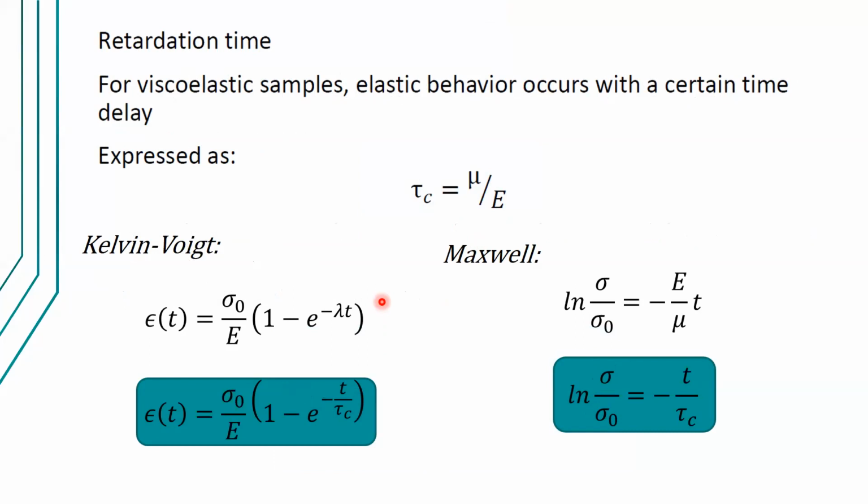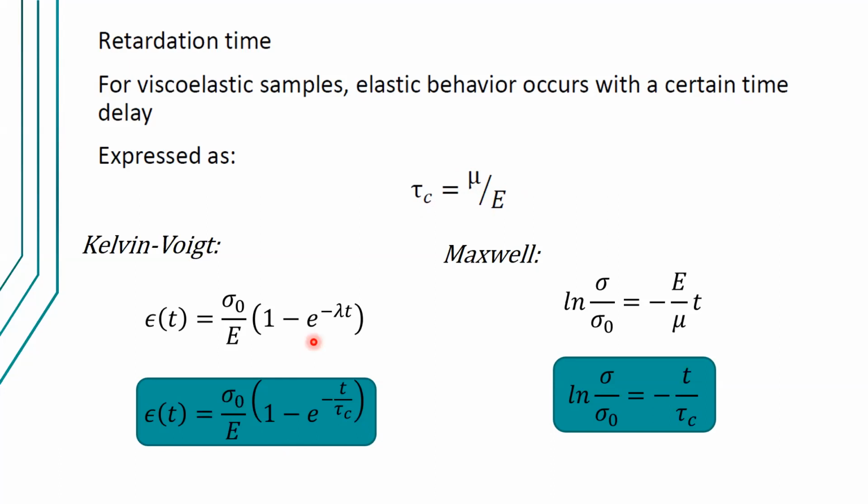The final equation that we obtained for the Kelvin-Voigt is this one, in terms of the retardation time, tau sub c. Remember that the reciprocal of the retardation time is your rate of relaxation, and the retardation time is just viscosity over the modulus of elasticity.